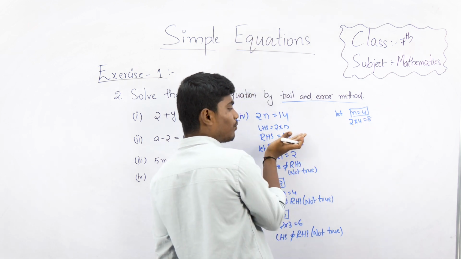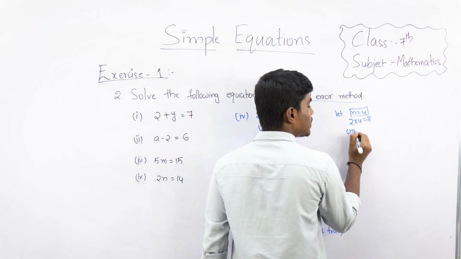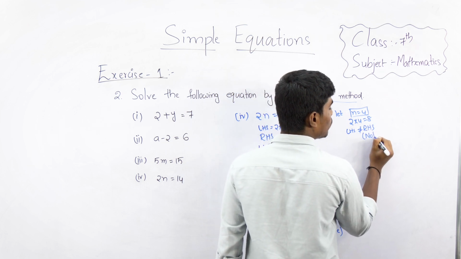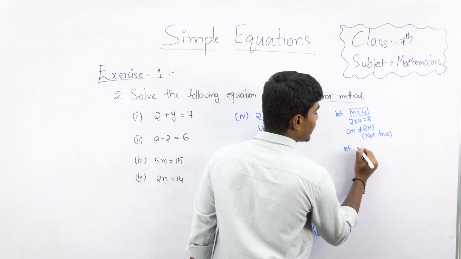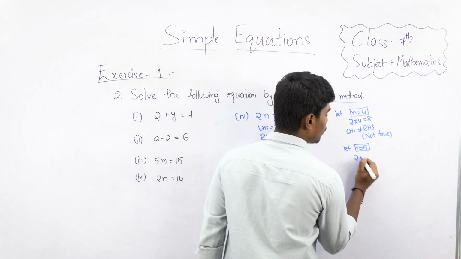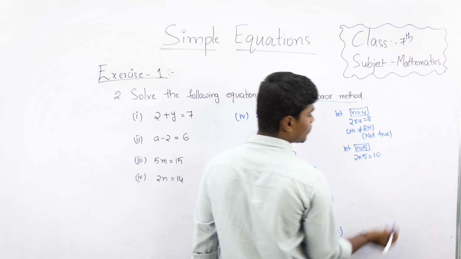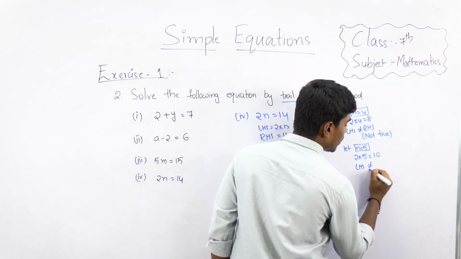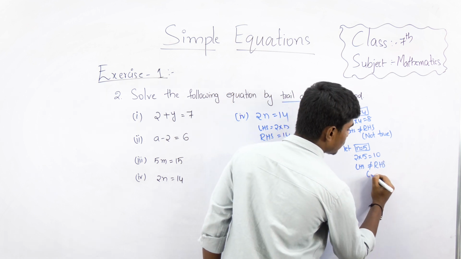Here 8, here 14. So LHS is not equal to RHS. So this is also not true. Let n equal to 5. 2 into 5 is equal to 10. Here 10, here 14. So LHS is not equal to RHS. So this is also not true.